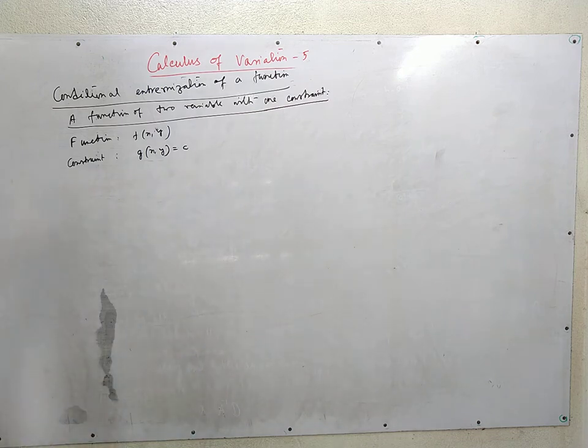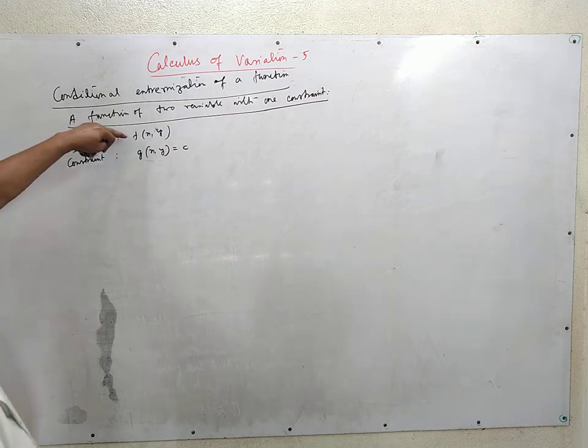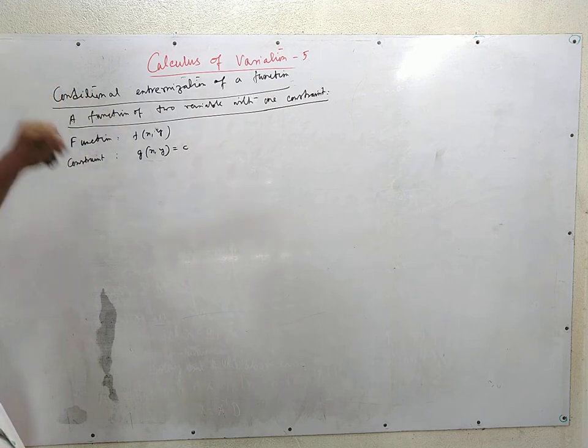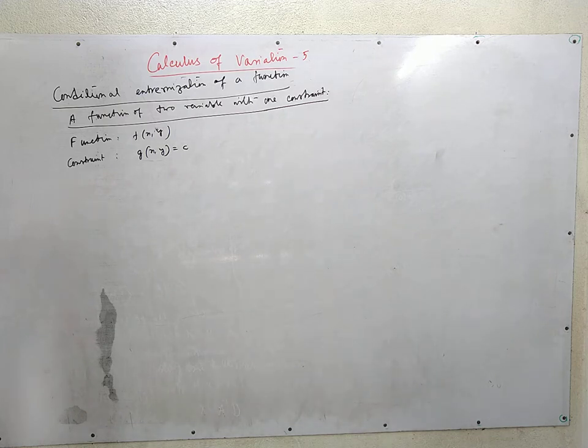Had there been no constraint, we could set the first derivatives to 0 to get the stationary points, or the points at which the function has an extremum value, and then we go for the analysis of the nature of extremization. Here we restrict ourselves to find the values of x0 and y0.